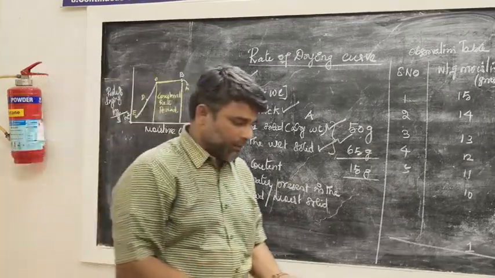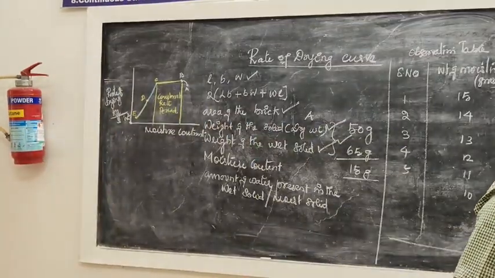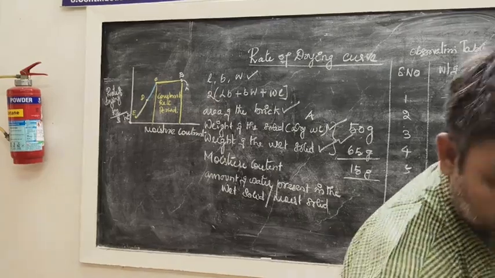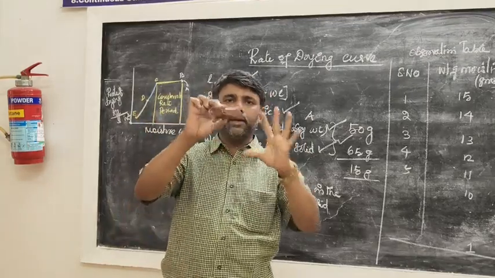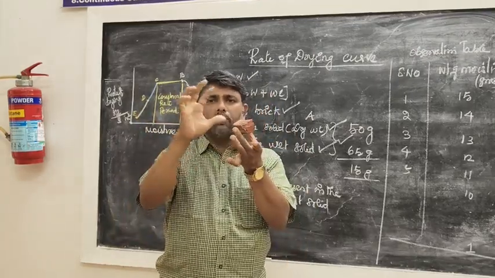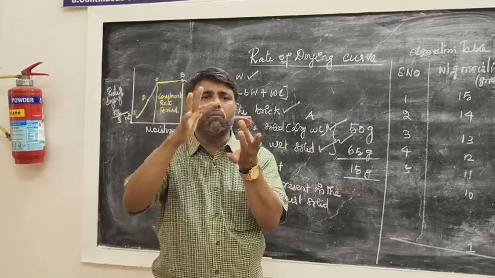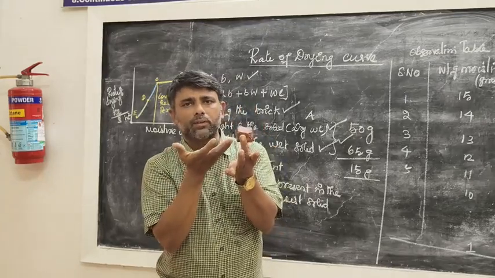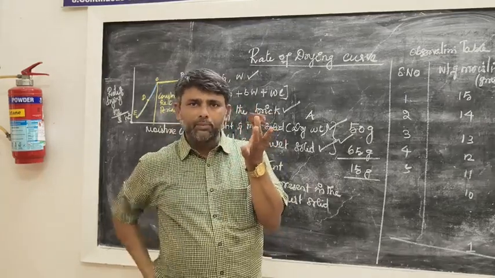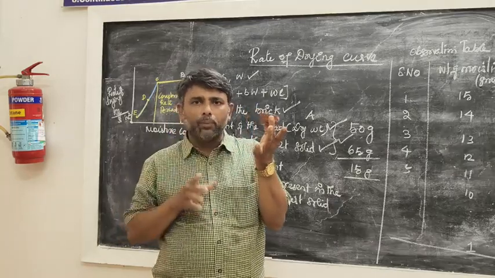Two important pieces of information. One is, after this initial adjustment period, a thin film of water layer is surrounded on the outer surface of the brick. Clear? Now drying is going to happen.